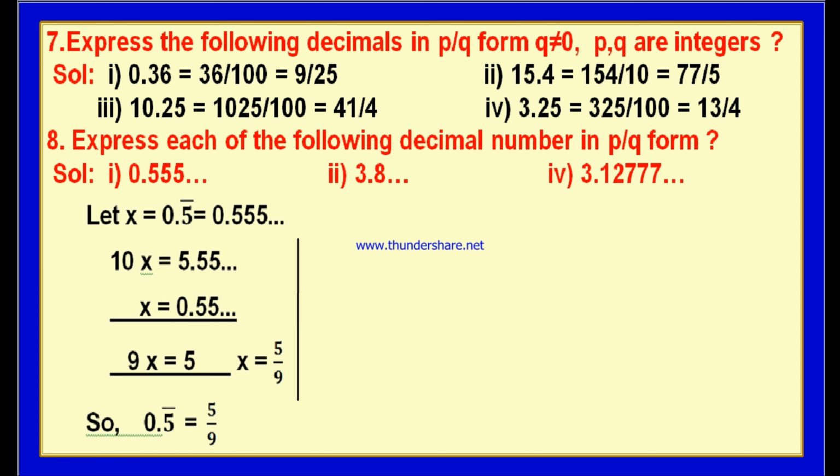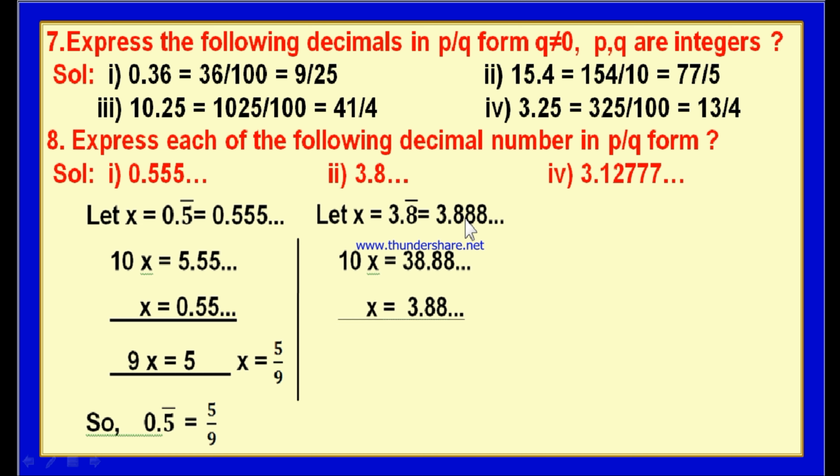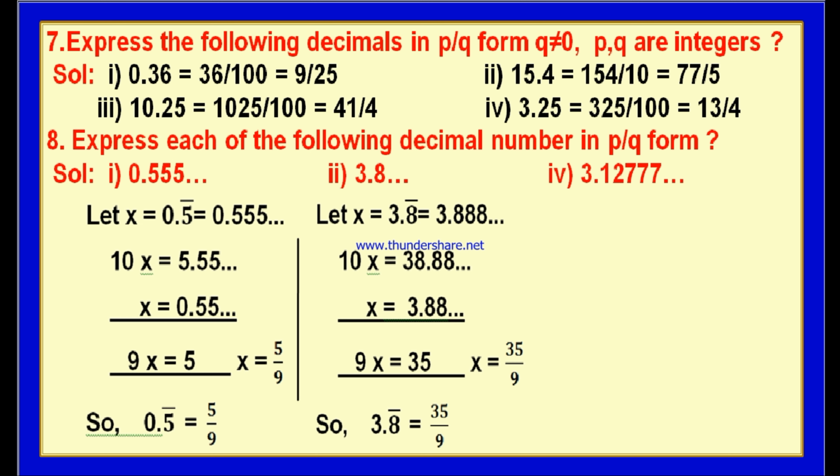Next look at the second bit. Here assume x is equal to 3.8 recurring, which means 3.888 and so on. As there is only one decimal place which is recurring after the point, let us multiply this with 10. 10x is equal to 38.88 recurring, as the point goes one place to the right.